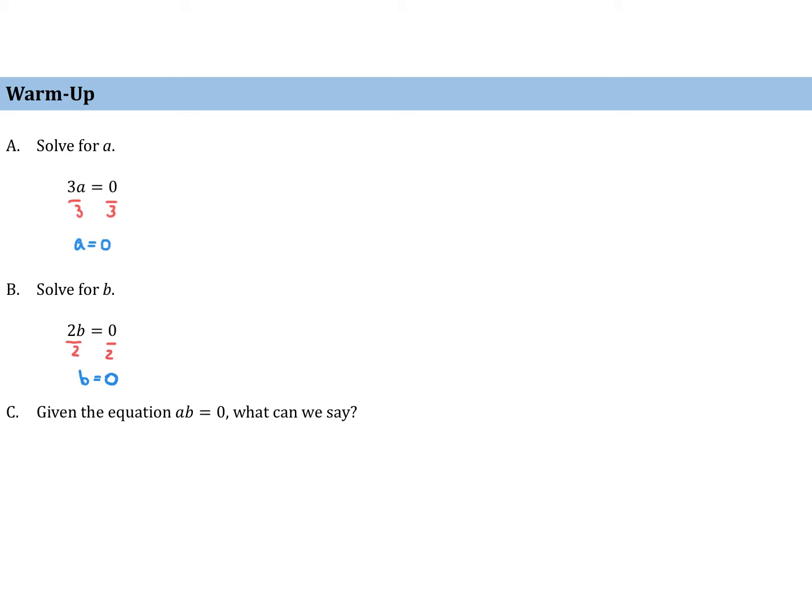So, if we think about each one of these, we have the product of two things equals 0. So the only way that a product can equal 0 is if one of the two things being multiplied equals 0. So if we have two things being multiplied and the product is 0, what can we say?